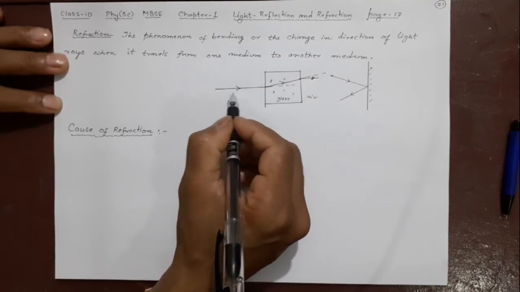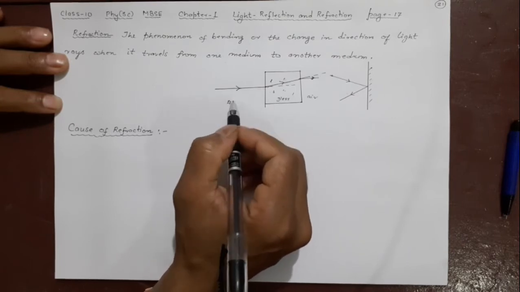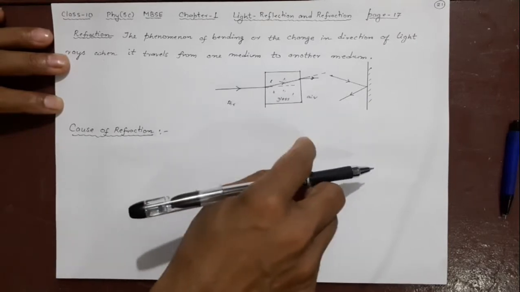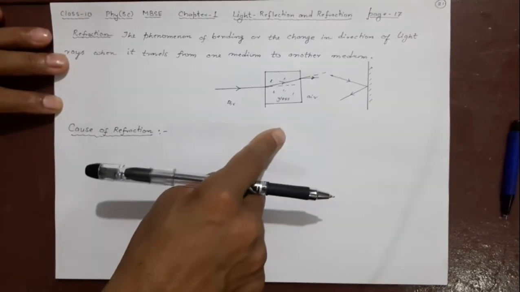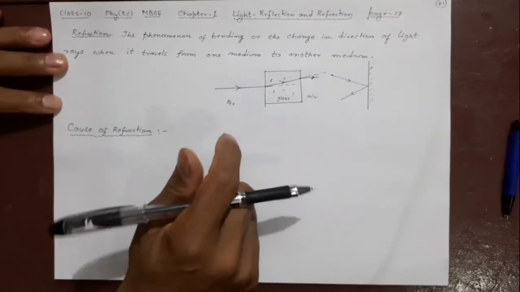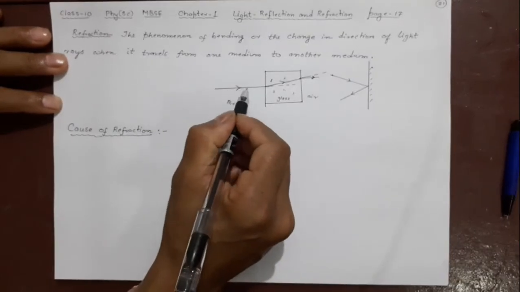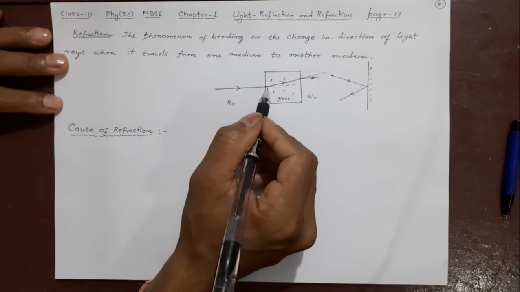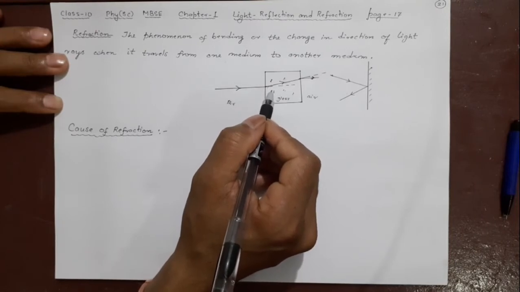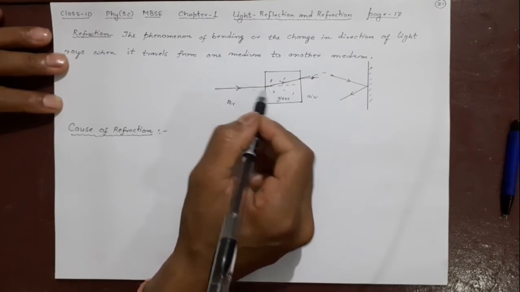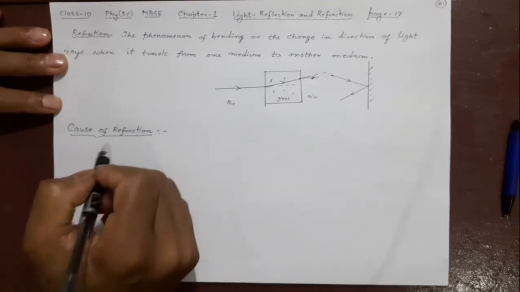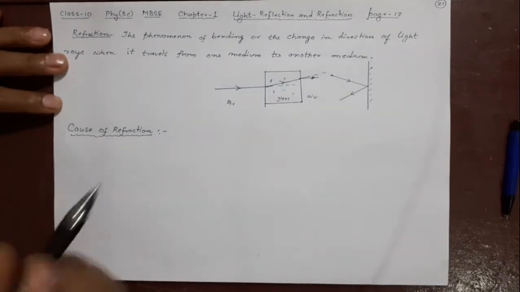Just like you are running in open air, it is very easy, but when you enter a swimming pool and then run, it is difficult. Just like that for light, moving inside the glass or inside the water is slightly difficult, it will take more time. So the speed will change, the velocity will change. Because of that change, refraction, the bending of light, is happening.